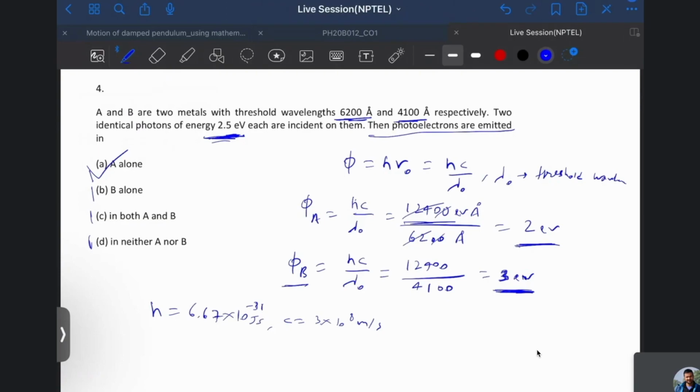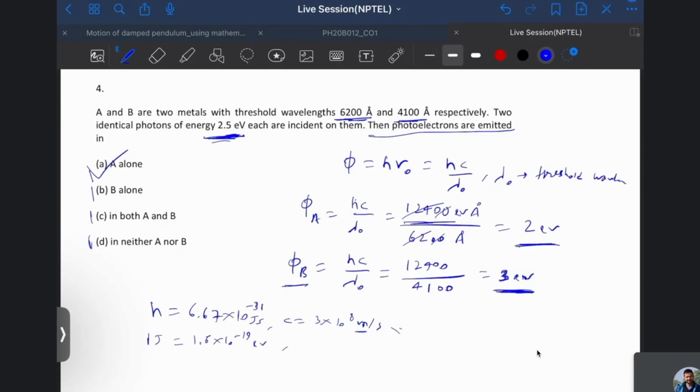Okay. So to convert it, first we have to convert the joule into electron volt, right? So 1 joule is equal to what? 1.6 into 10 to the power minus 19 electron volt, correct? So you have to multiply it by this to convert into electron volt, and you can convert meter into nanometer or angstrom, correct?